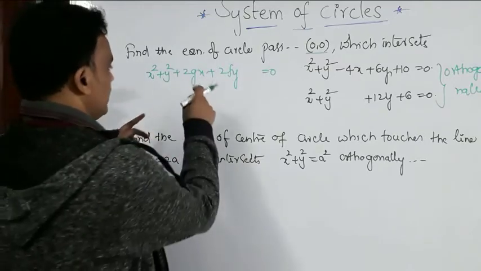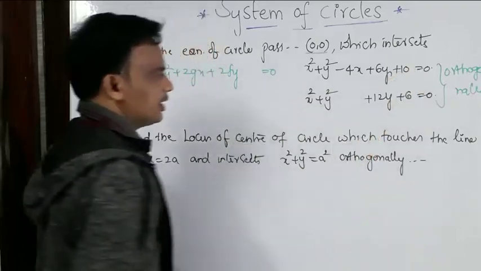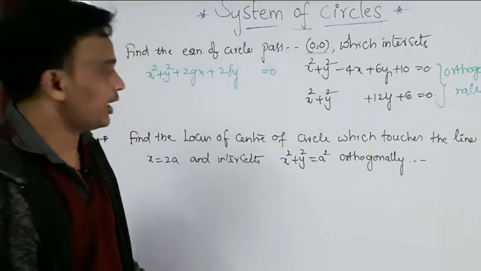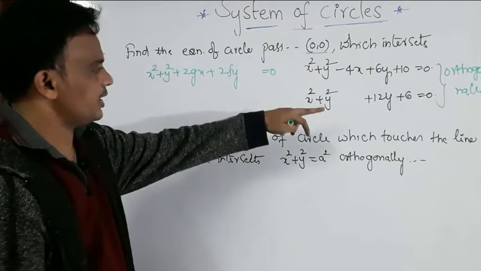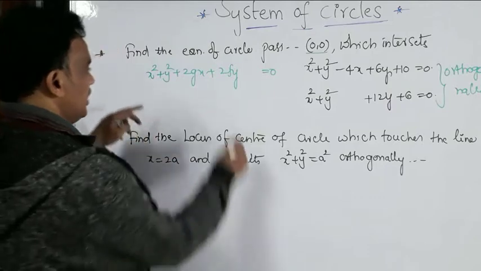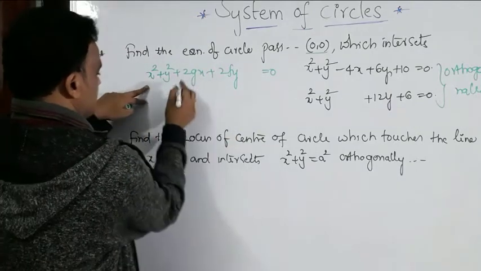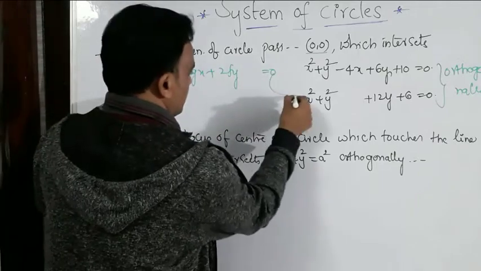And this required circle intersects these two circles orthogonally. Please use that orthogonal condition. What is the condition for orthogonality? 2g g dash plus 2f f dash is equals to c plus c dash. Please apply it to this circle.